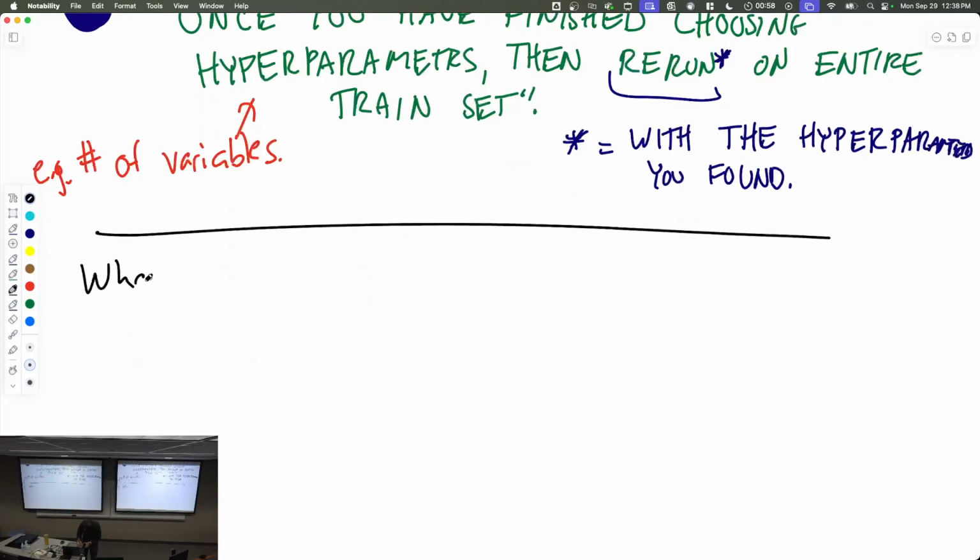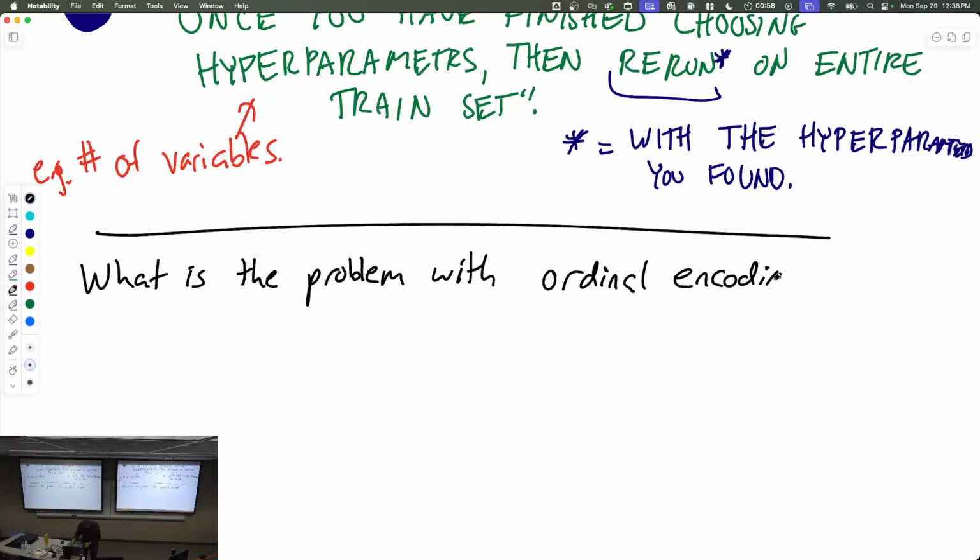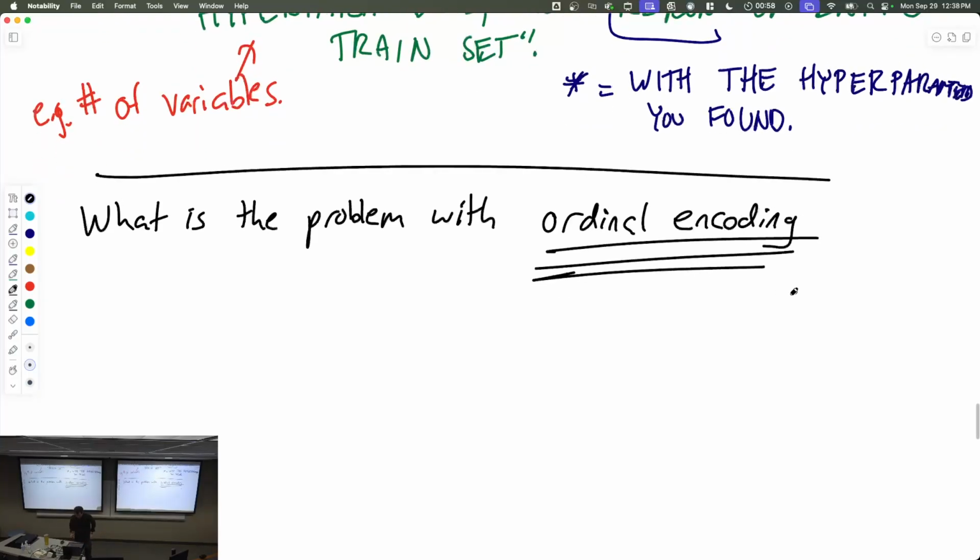What is the problem with ordinal encoding? To remind you, we have red, green, or blue.